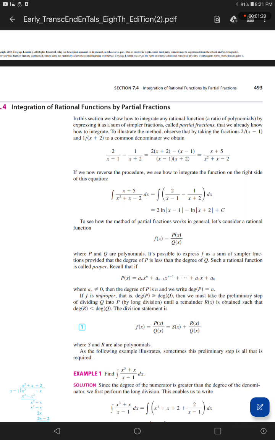If we now reverse the procedure, we see how to integrate the function on the right side of this equation.